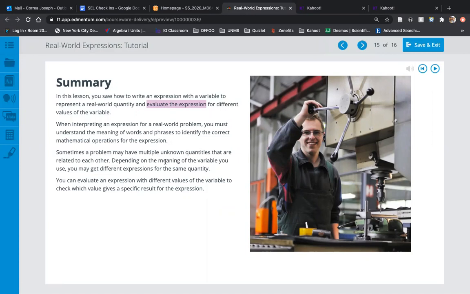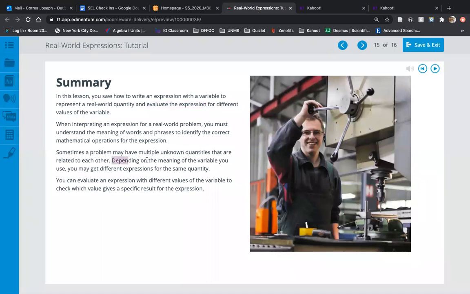It says when interpreting an expression for a real world problem, you must understand the meaning of words and phrases to identify the correct mathematical operations for the expression, right? So you need to understand things like sum, product, difference. Those are going to be keys to help you write those expressions out. And just the more math problems that you do, the easier this is going to get, right? It says also sometimes a problem may have multiple unknown quantities that are related to each other.